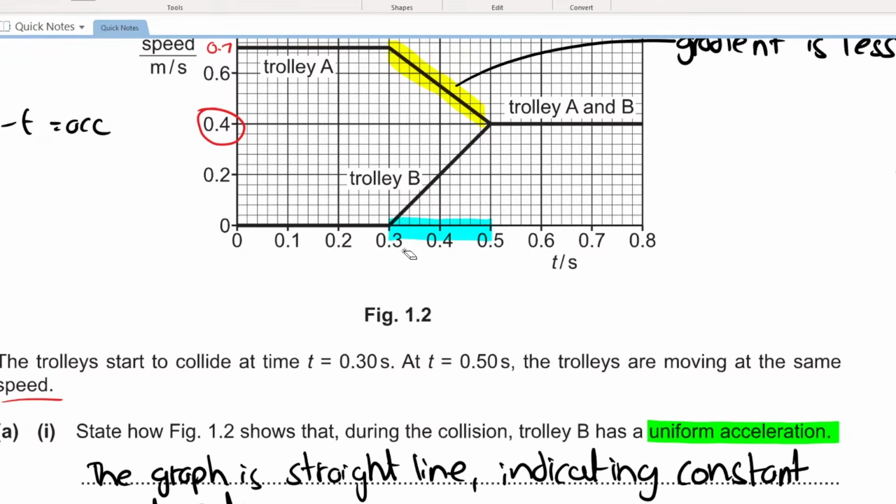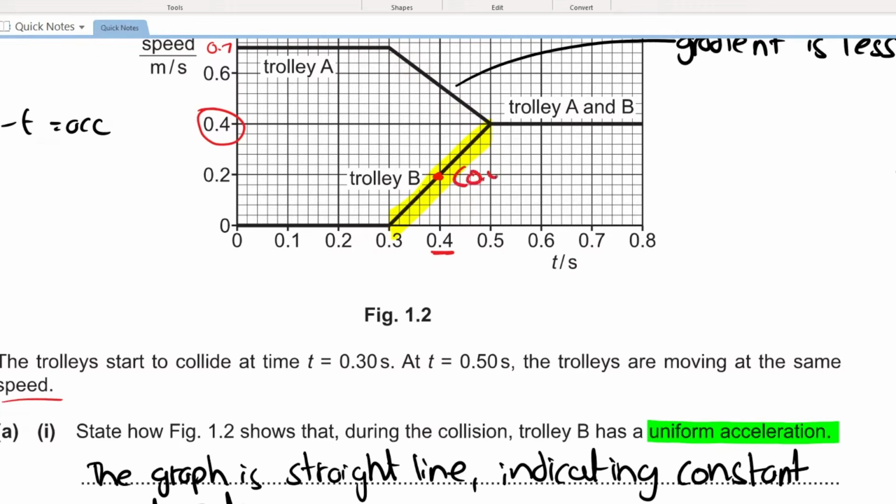You have to calculate the acceleration at this point, 0.4 seconds. You know that the acceleration throughout this line will remain the same because it is a straight line. Can you calculate the gradient here?